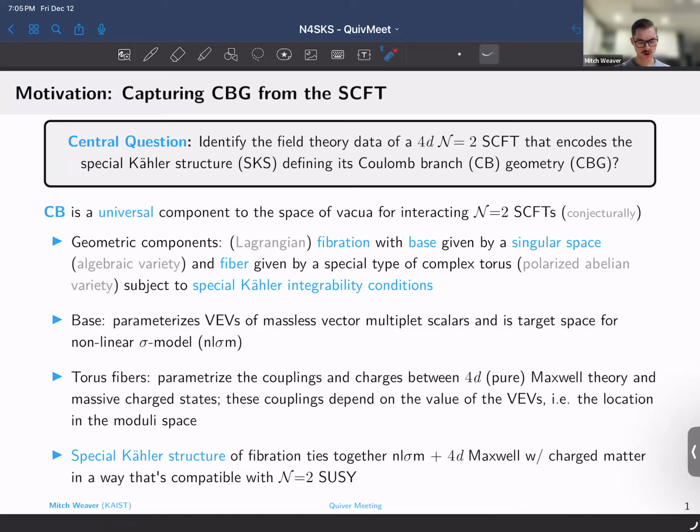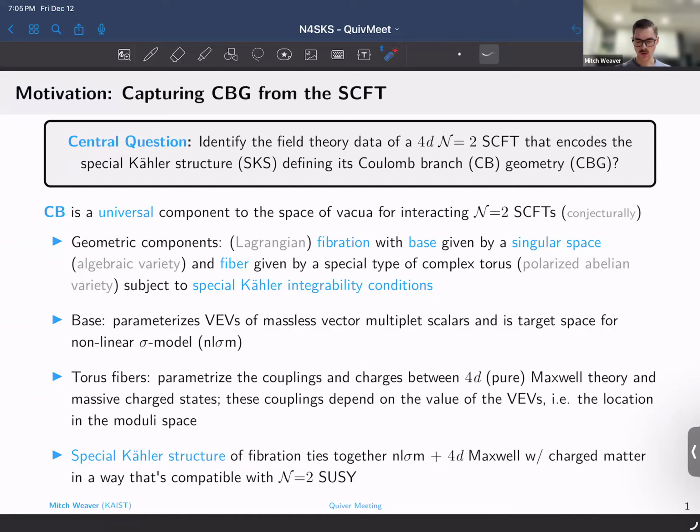So it's a so-called Lagrangian fibration, and this fibration has a base, which is a singular space or an algebraic variety, and it has a fiber, which is a special type of complex torus, which is called a polarized abelian variety. And this kind of geometric data is subject to these so-called special Kahler integrability conditions.